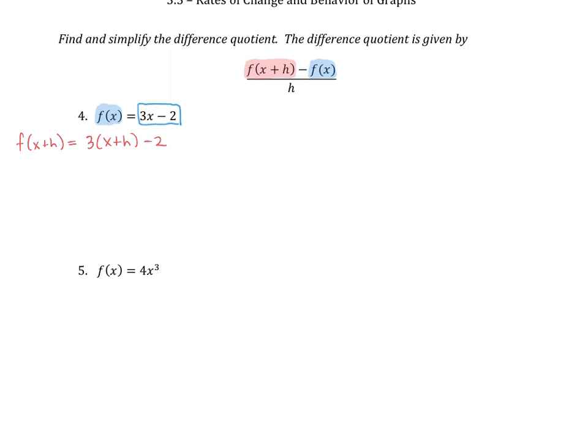So now I need to distribute the 3. So I will have 3x plus 3h minus 2. Okay, there's no like terms there, so that's as far as I can go. So f of x plus h is this expression.